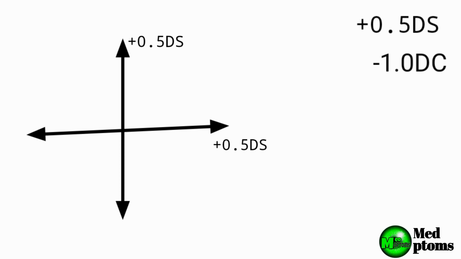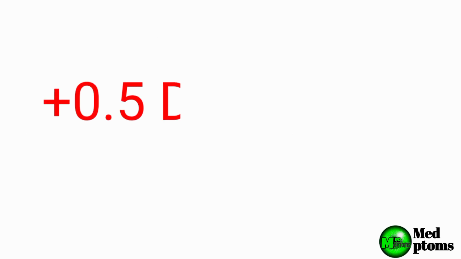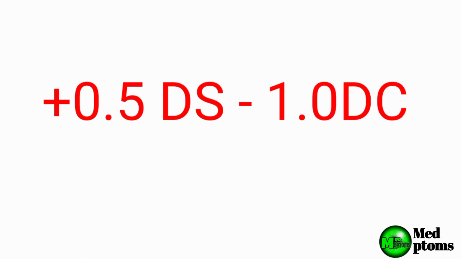Next, we already know that cylindrical power acts in only one meridian. Then we put the dioptric cylinder power minus 1.0 in the horizontal meridian. Then we add the spherical power and cylindrical power: plus 0.5 DS and minus 1.0 DC equals minus 0.5. Hence we proved the opposite sign and right angles to each other.